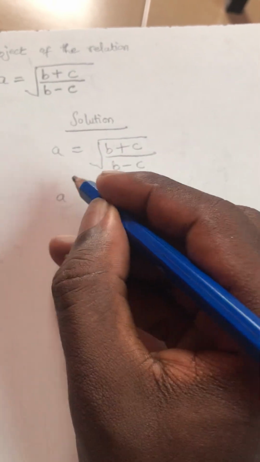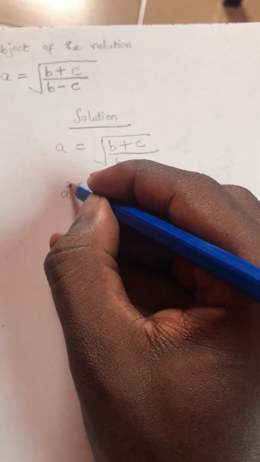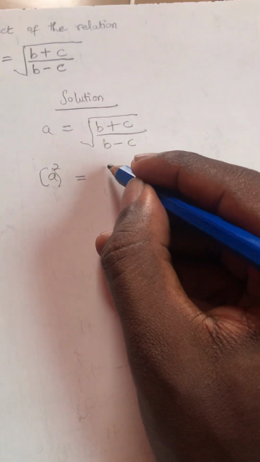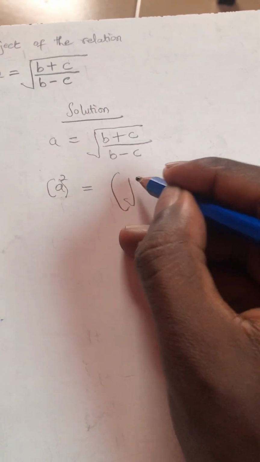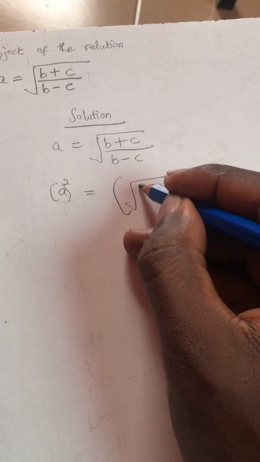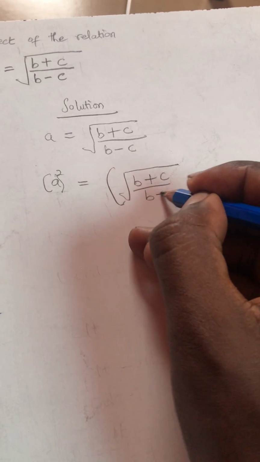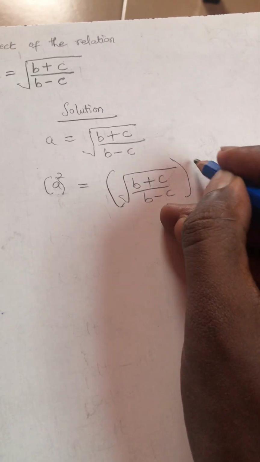So we square a, equals the square root of b plus c over b minus c, squared.